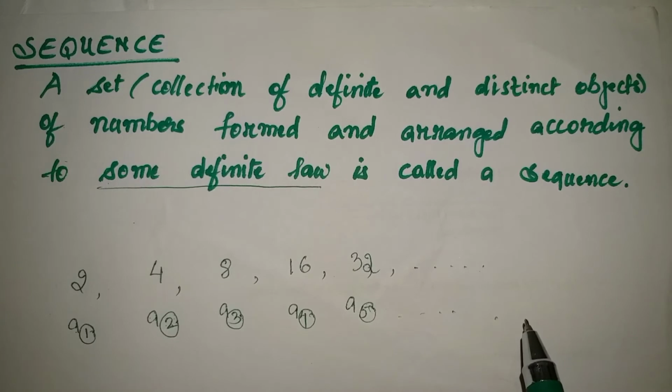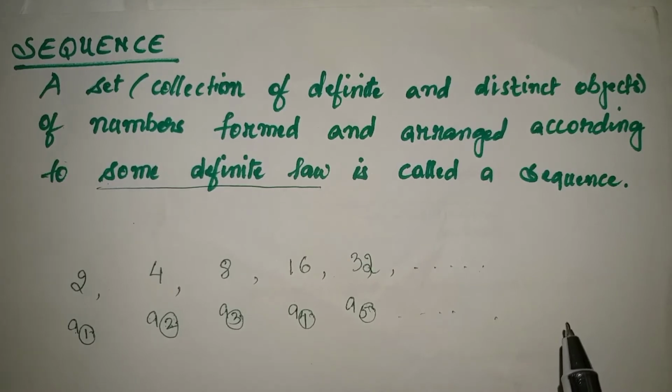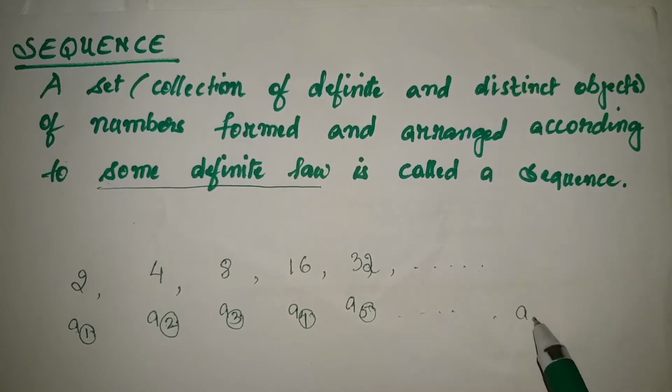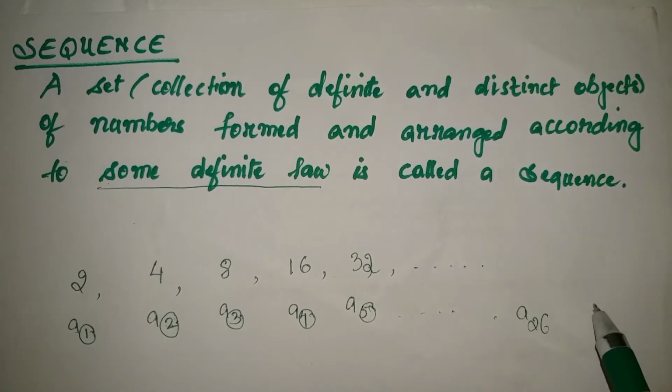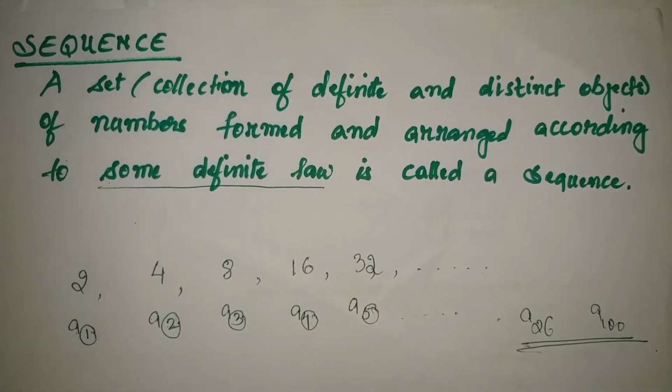It means a 100th term. Suppose I have a 25th term, 26th term, and so on. A 26th term will be denoted by a26. A 100th term is denoted by a100, and so on.